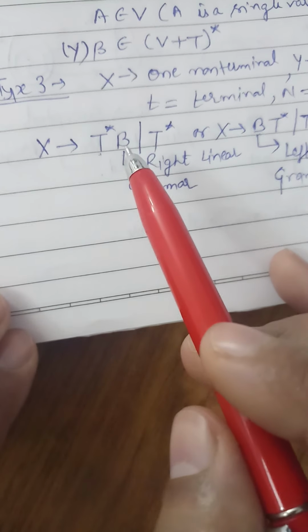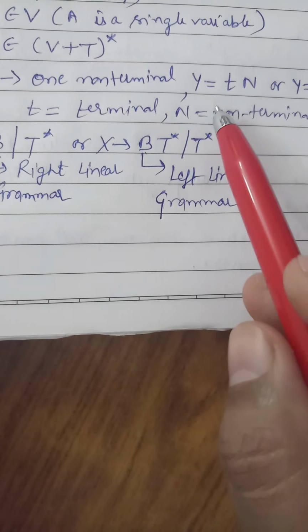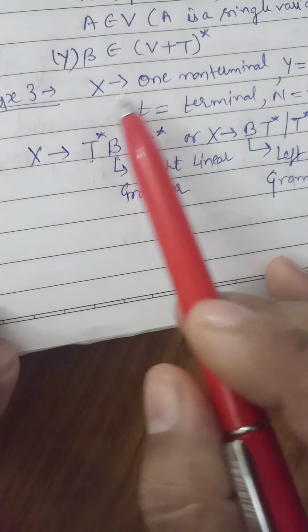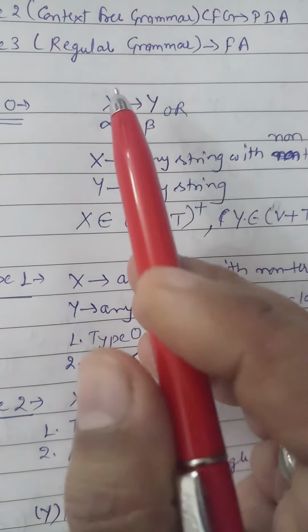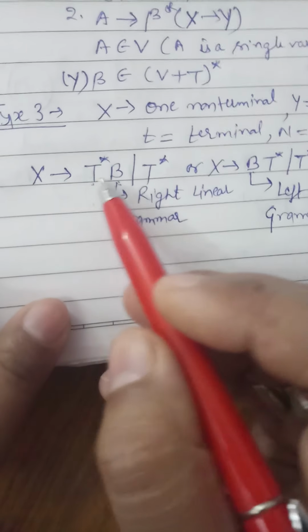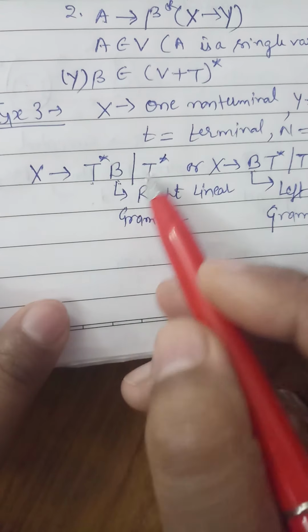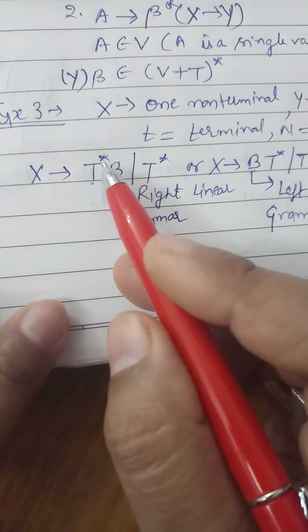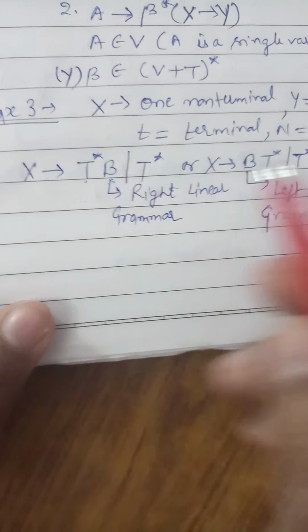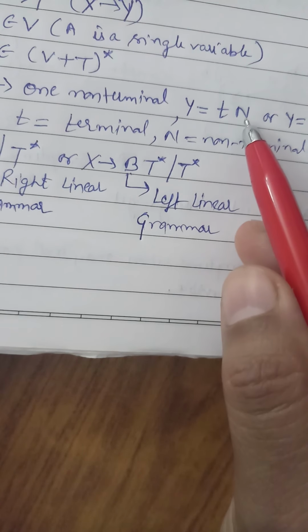So here x tends to a terminal followed by variable, or single terminal, as we have written here. This is y. X tends to y, or alpha tends to beta, we can say. x can be one non-terminal, and y can be terminal non-terminal, or a single terminal.